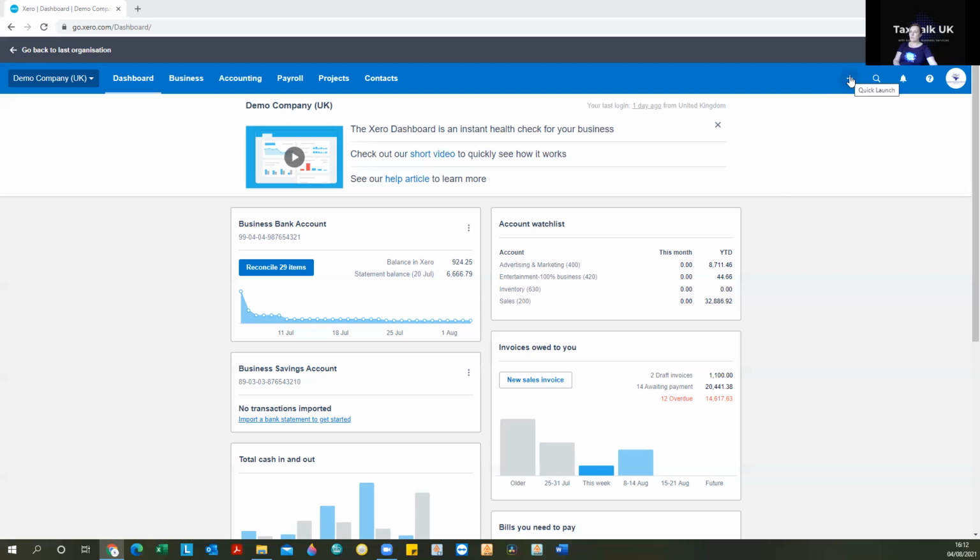So if we just pop over to the quick launch icon, then we can see the sort of jargon that Xero uses. So invoice, sales invoice, fairly straightforward. A bill is commonly referred to, a lot of the providers refer to purchase invoice as a bill.